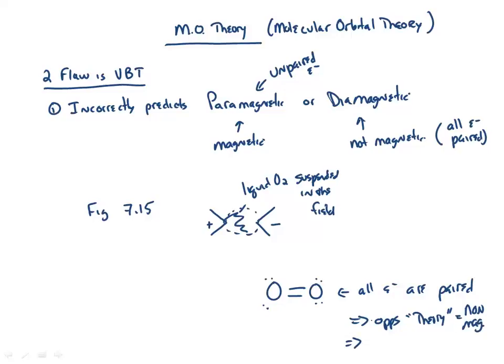But in experiments, it's very obviously magnetic. And so the idea is that we've got huge visual evidence, something so trivial to show that people knew about it for a long time and simply said, well, we need to tweak valence bond theory to do that. Well, it turns out it's a little harder to tweak it than that.